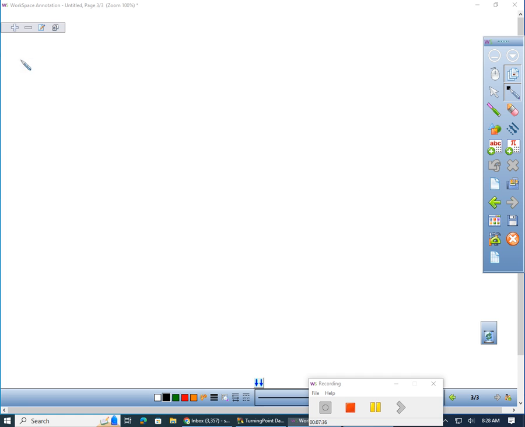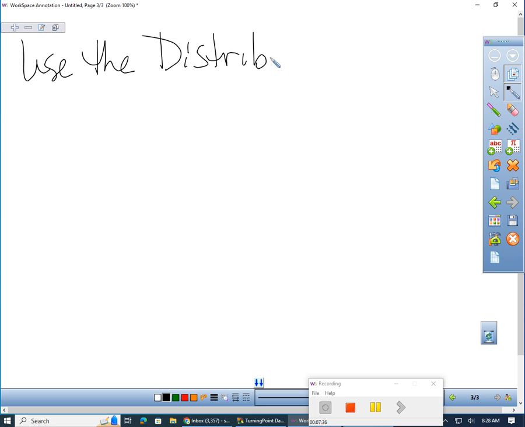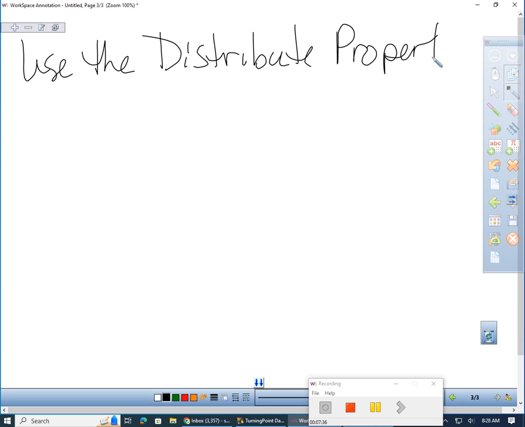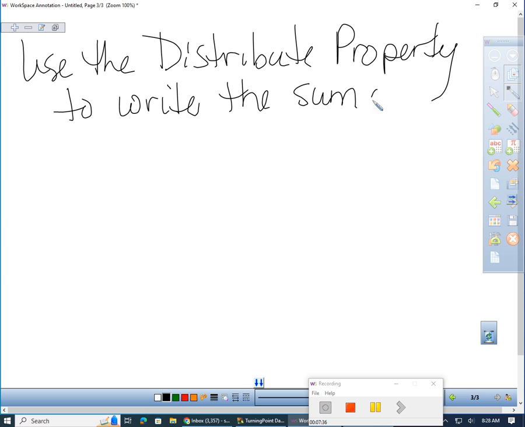All right, so we're going to use the distributive property to write the sum or difference. So here are the steps I want you to think about.